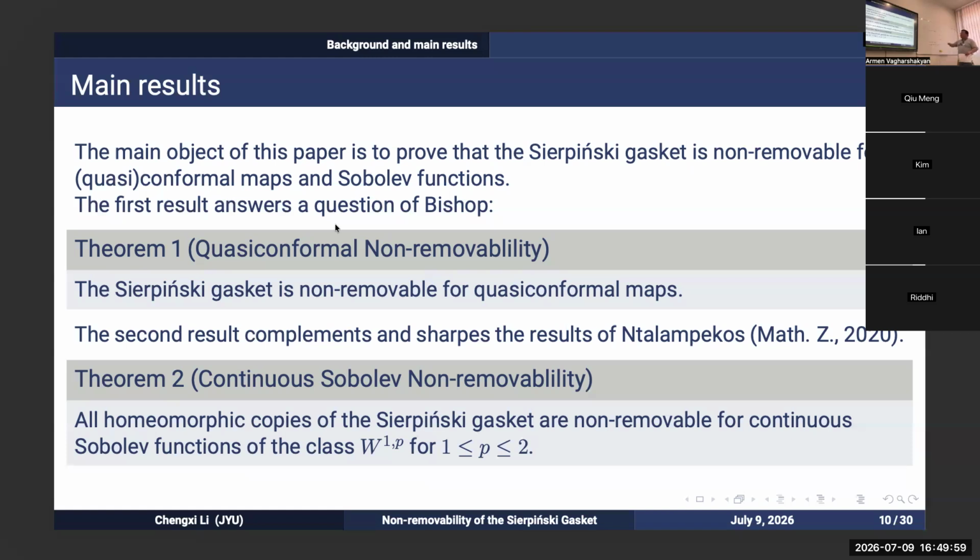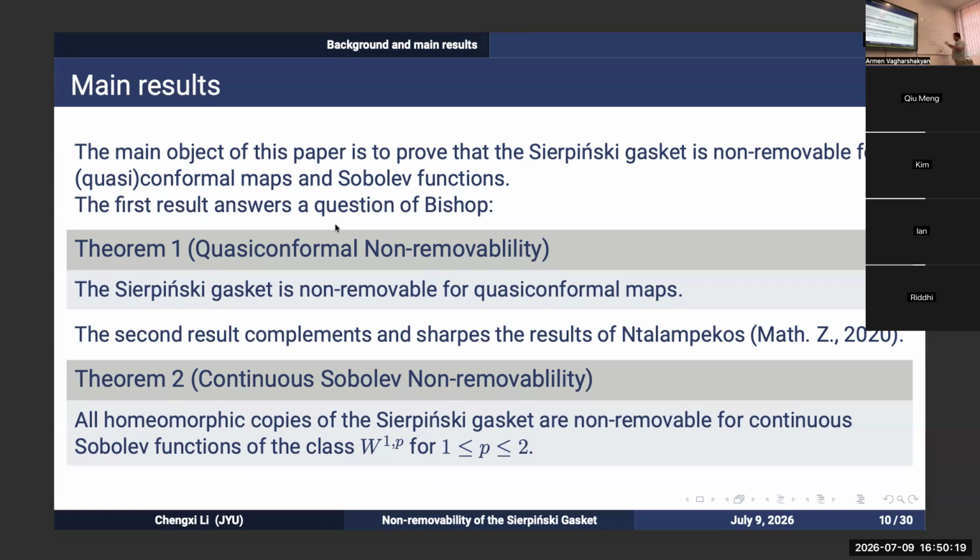I think Mario Bonk has a topological characterization of all homeomorphic copies of S3. So this one is stronger, but for the Sierpinski gasket, for the homeomorphic copies, it's not straightforward to know. I think it's still an open problem.